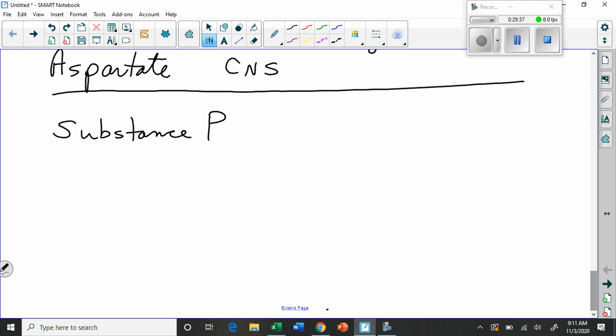So it's a chain of amino acids. It's a very large molecule. This one is 11 different amino acids stuck together. So it's a polypeptide. Maybe that's why it's called substance P. I'm not actually sure. And there's another one called metenkephalin.